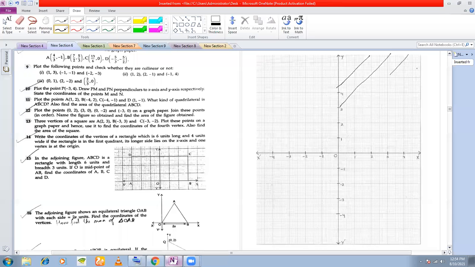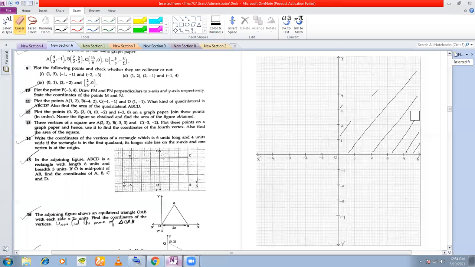Yes, sir. So the rectangle is somewhere over here. Okay, fine. What is the next information that you see? The next information is that one vertex of the rectangle is the origin. That means this is one vertex here. You see the origin here? One vertex of the rectangle is the origin.